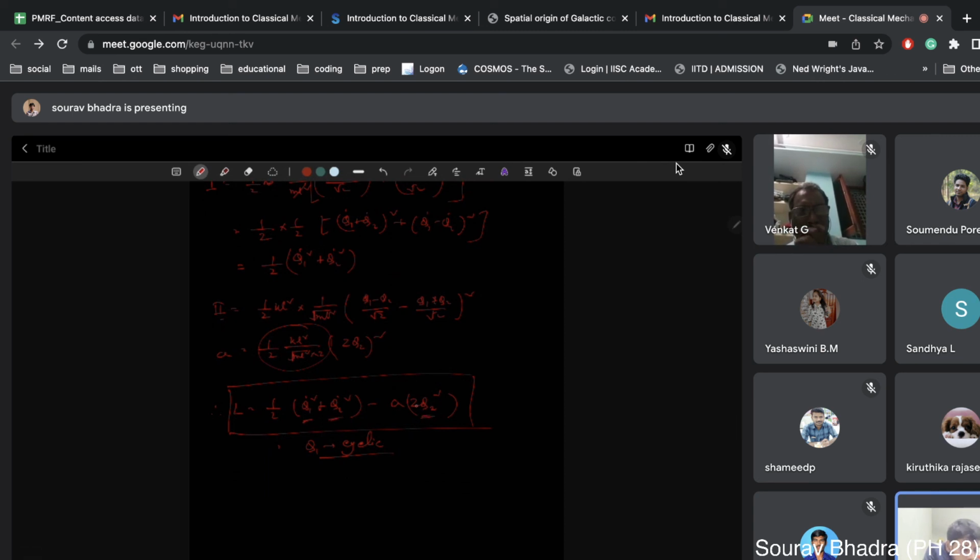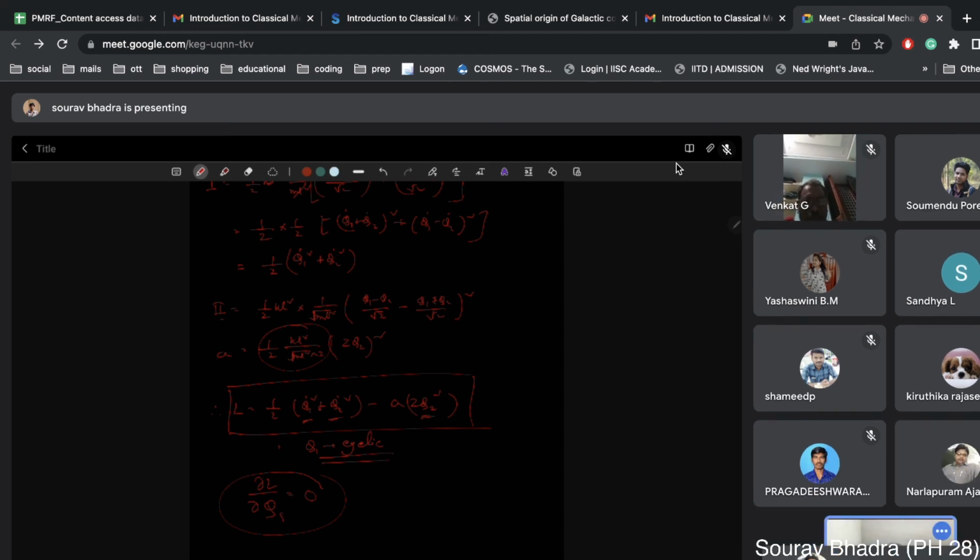There are no terms which include Q1 only, not the Q1 dot. That means Q1 is cyclic, because in that case del L del Q1 will be 0, and this is the condition of the cyclic coordinates. So Q1 will be the cyclic coordinate for this particular Lagrangian.